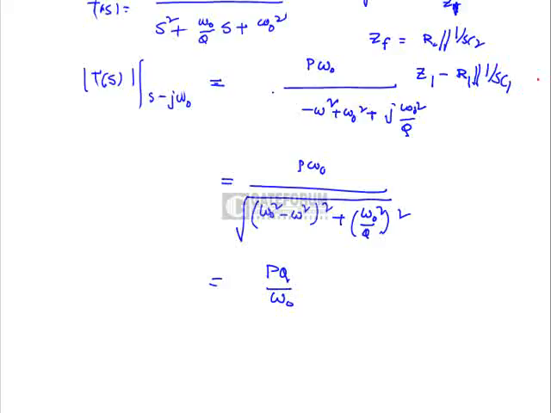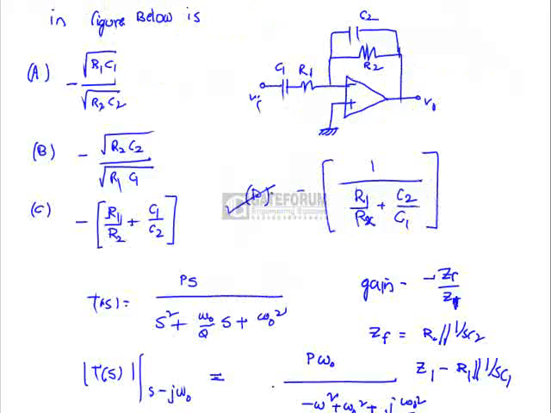After getting the transfer function from this, if we derive these values, we are going to get the gain at the center frequency as option D being the correct answer.